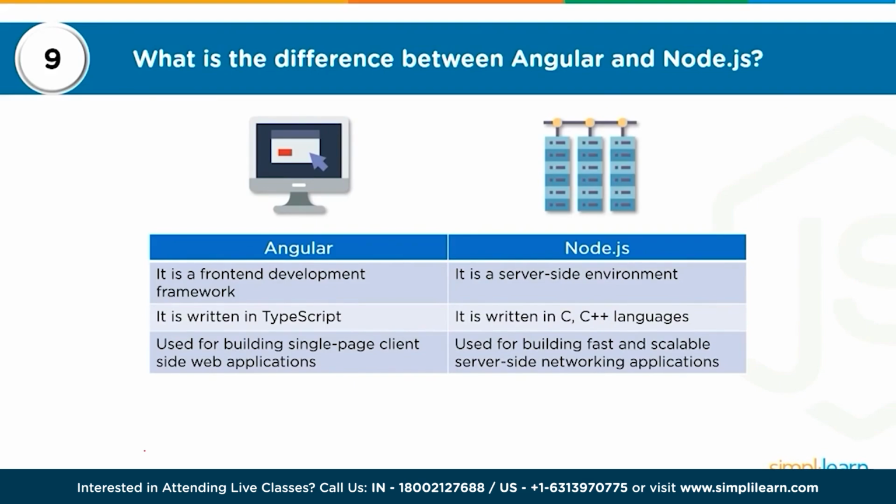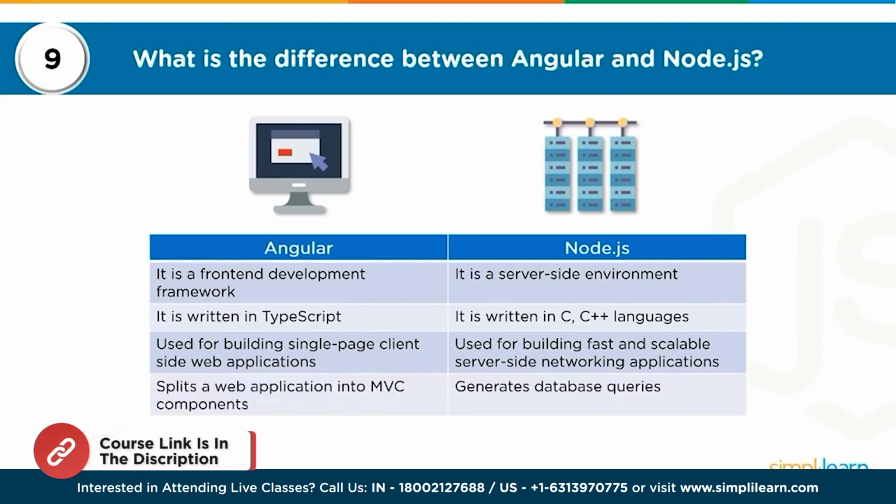Again, the two complement each other. Angular splits web applications into the MVC, model view control, components, whereas Node.js generates a lot of database queries. It does more than that as well, but you can think of Node.js as that glue to your database.